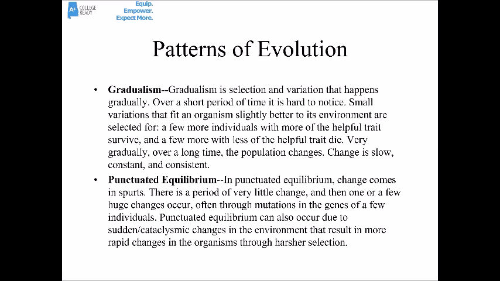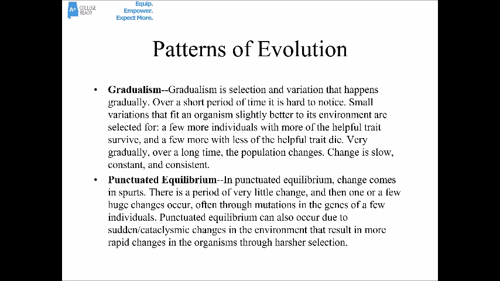That's the equilibrium part of the term punctuated equilibrium. And then some kind of natural disaster or plague happens, some kind of cataclysmic event. And then very fast changes happen. There's lots of speciation. There's lots of evolution. And then once the environment stabilizes again, there's very little change until the next cataclysmic event.